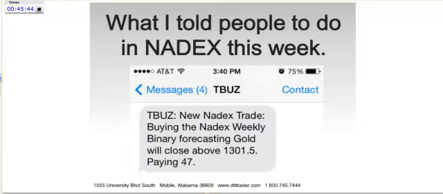Okay, this is on Nadex. How much money is that? We put this on Monday. How much money is that per contract? Paid 46, worth 47, worth 96 right now. Yeah, that's how Nadex works. I had one guy that did 5 contracts of this.